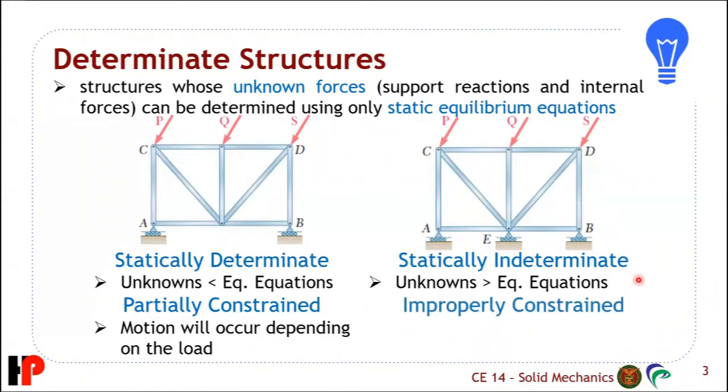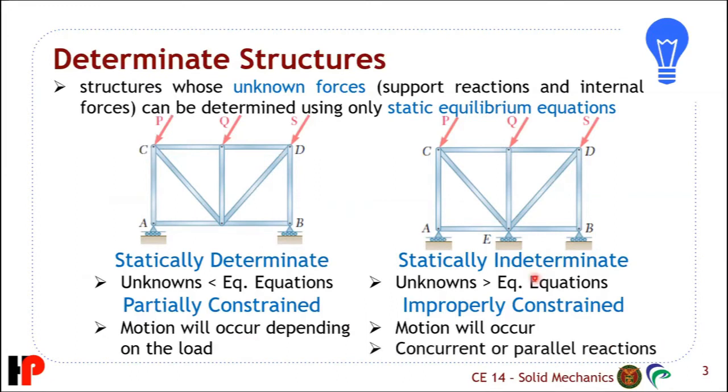And it is also improperly constrained. What is the difference between partially constrained and improperly constrained? With partially constrained, the support reactions are not enough to make it constrained. Improper constraints happen if your reactions are either concurrent or parallel.